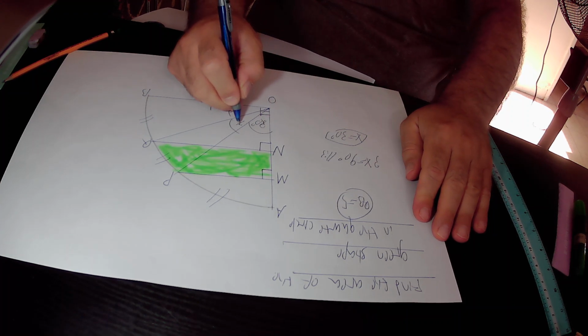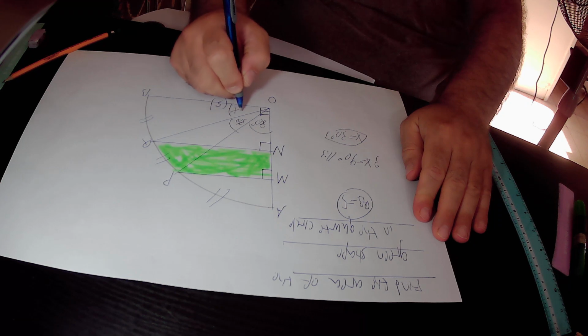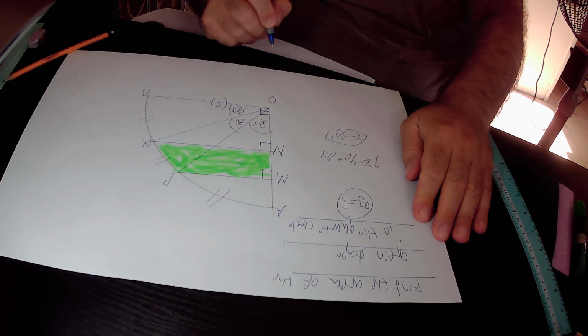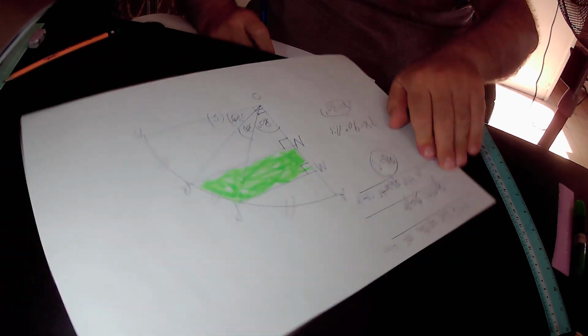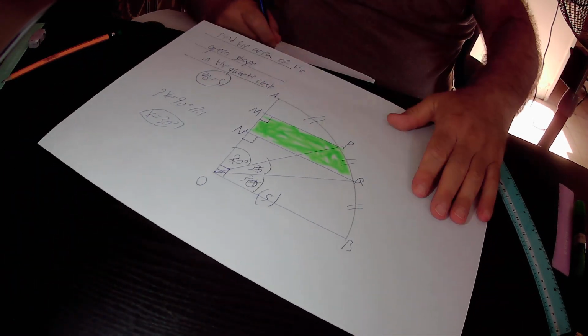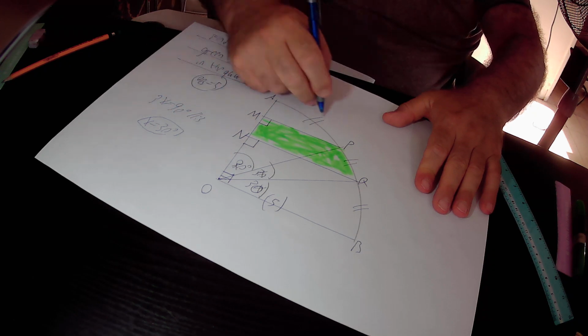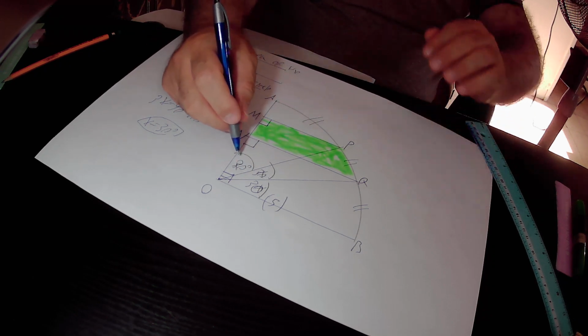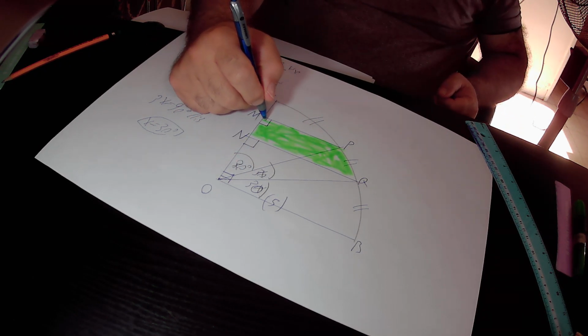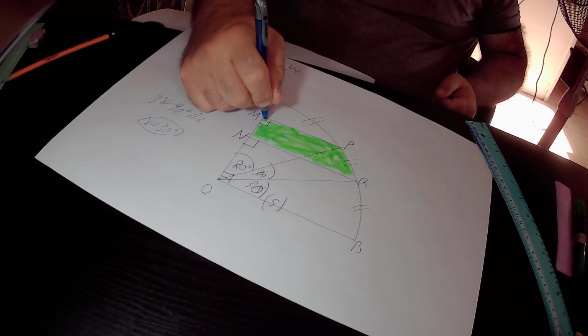This is also the missing angle x that is equal to 30 degrees, and this missing angle x equals 30 degrees in size. If you focus on the right triangle MPO, this angle equals 30 degrees and this angle equals 90 degrees, according to what is given.